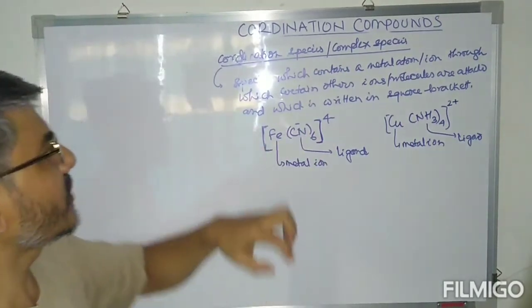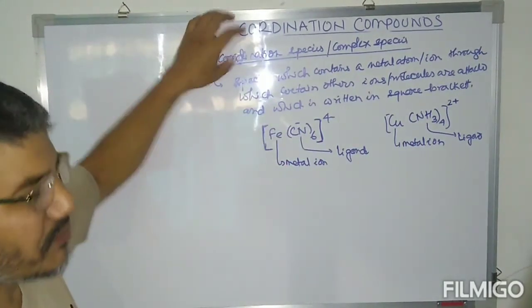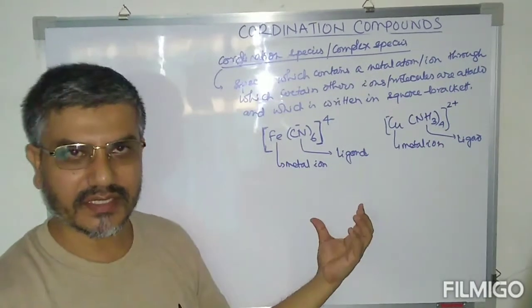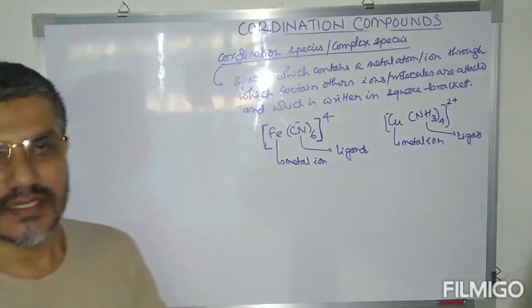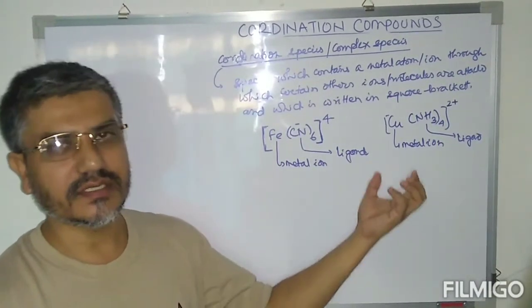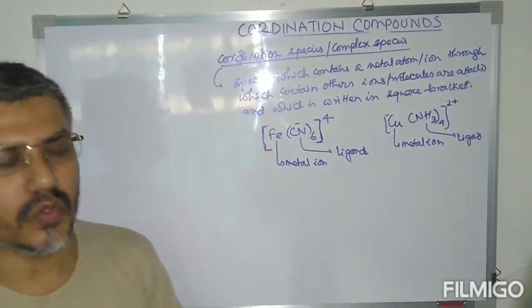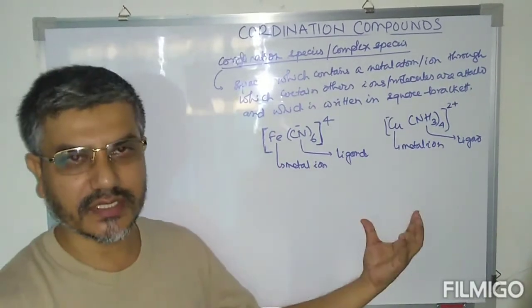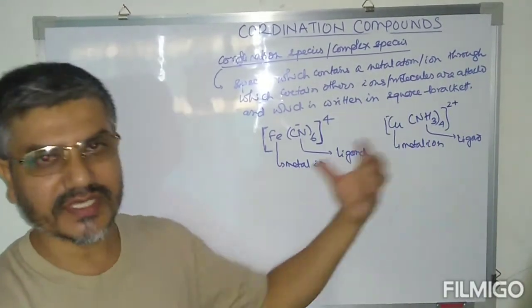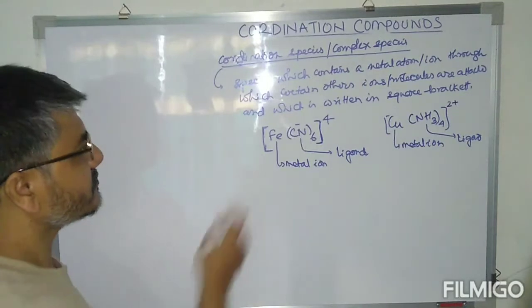So these coordination species may contain a simple cation and a complex anion. This may also contain a simple anion and a complex cation, or this may also contain a complex cation as well as a complex anion.